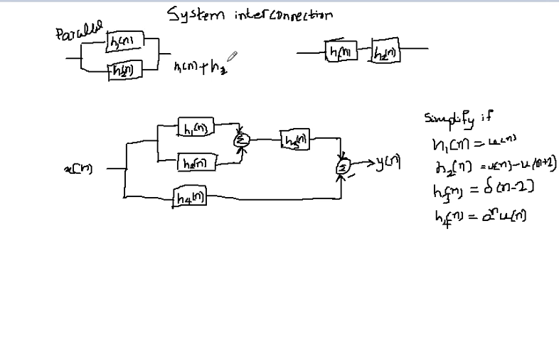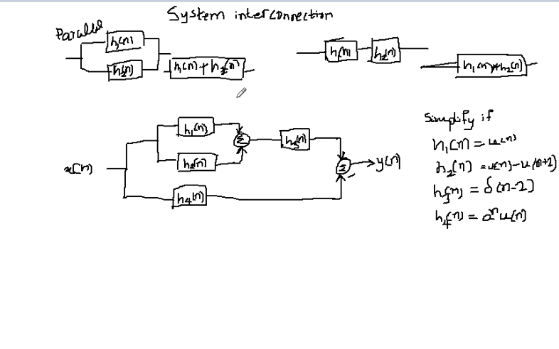So it can be represented as a single function with the transfer function h1 of n plus h2 of n. And similarly, when we have the two blocks in cascade form, the effective solution is h1 of n convolution with h2 of n.